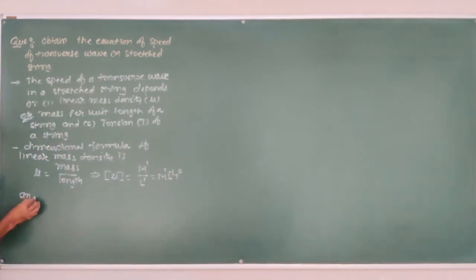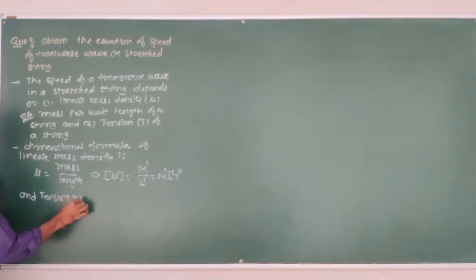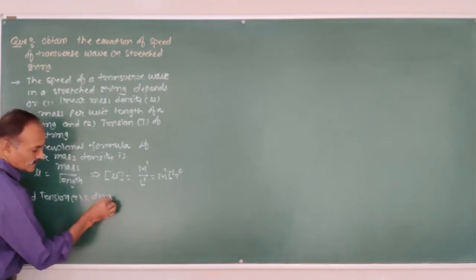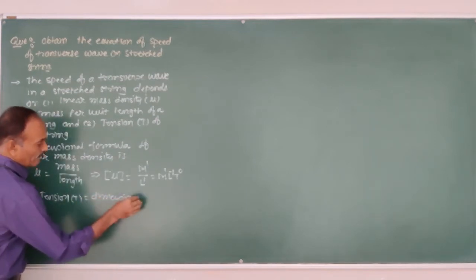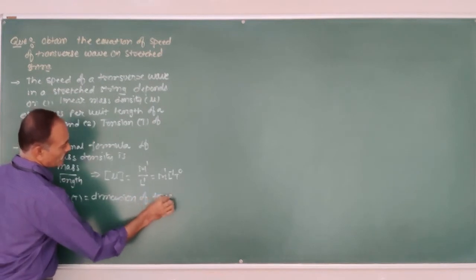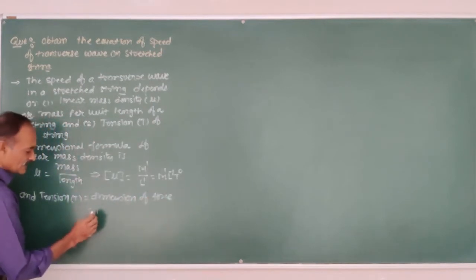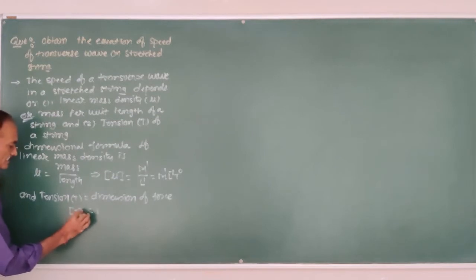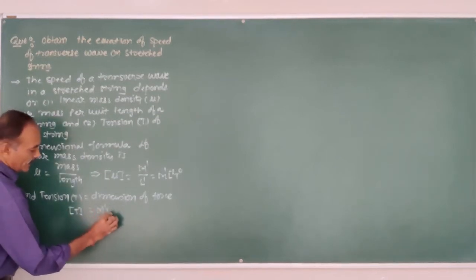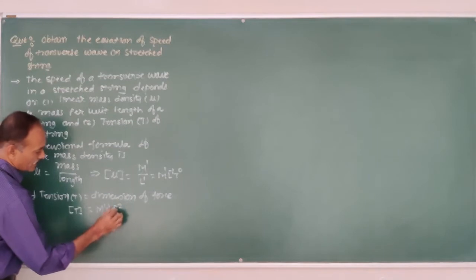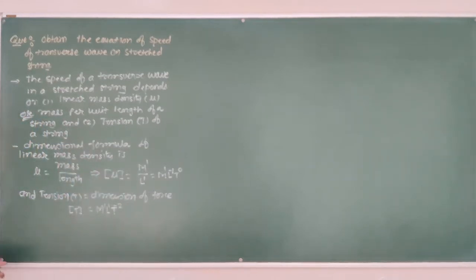And tension T has the dimensional formula of force. We know that the dimension of a force is M^1 L^1 T^-2. These are the dimensional formulas of linear mass density and tension T of a string.